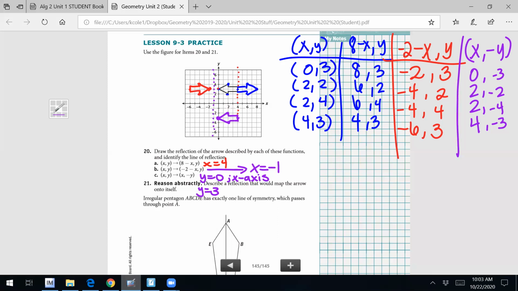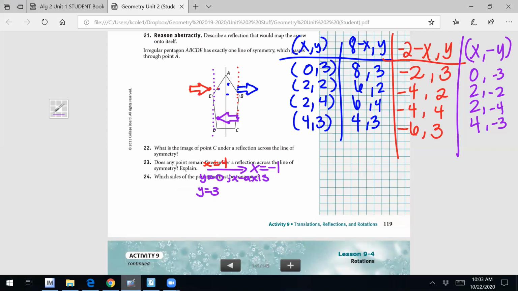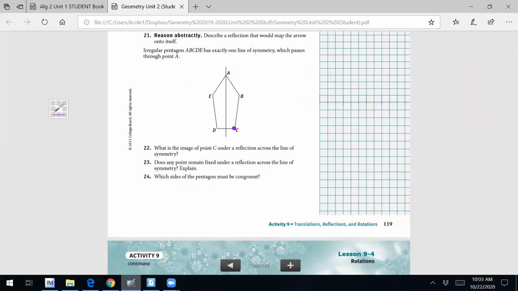So it's saying when we have a reflection, where is it going to be? It's the after. They're looking for the after. So C is here now. Where is it going to go after the reflection? To D. So point C and point D are swapping spots. Okay.